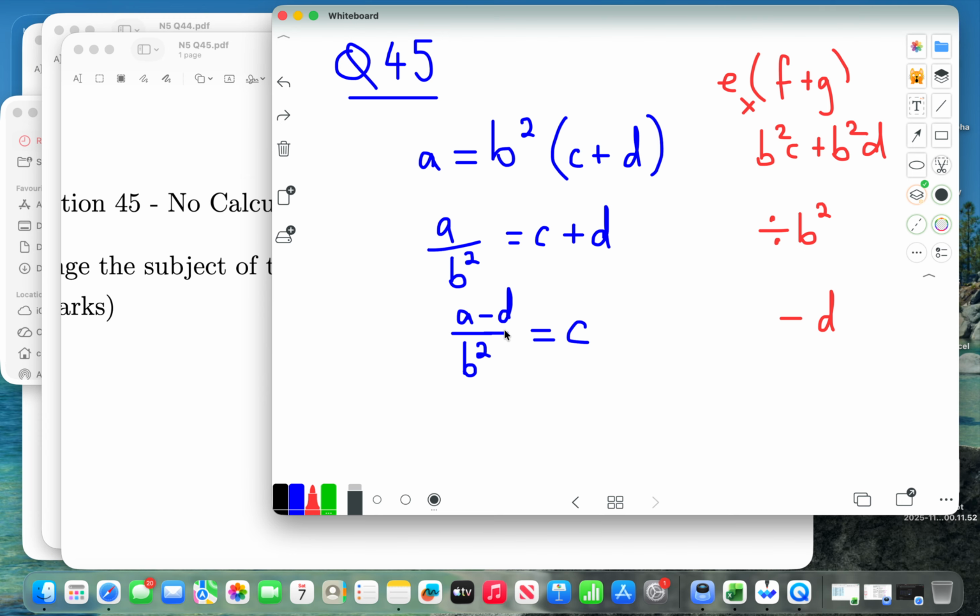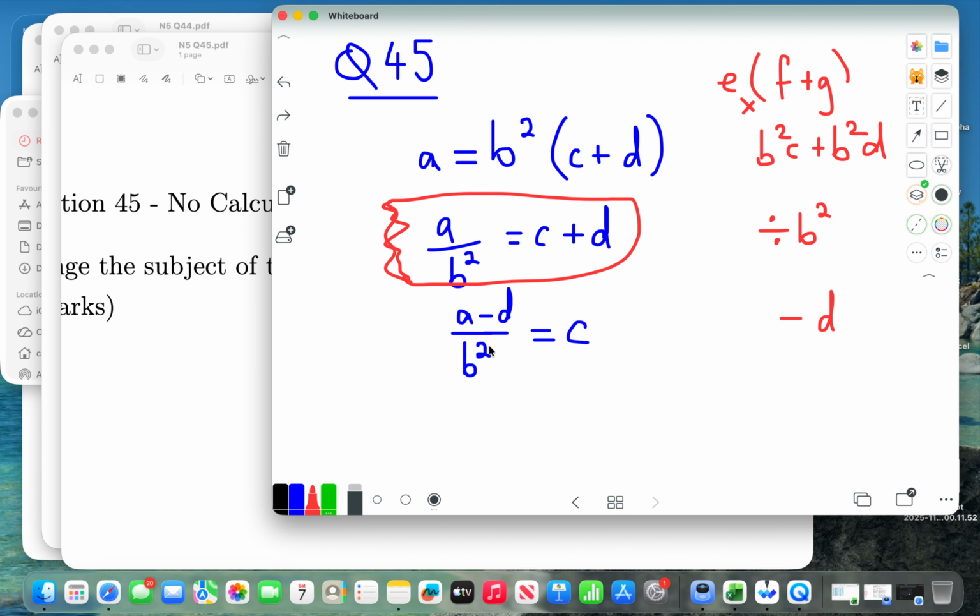I've put D, I've divided the D by B squared in the fraction, but that's wrong, because if I want to take away D from both sides of this equation, I can't do this.